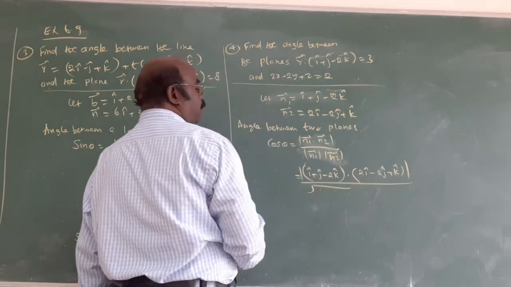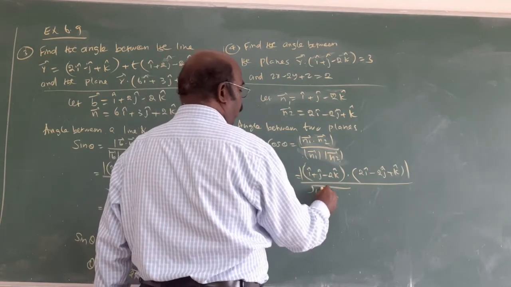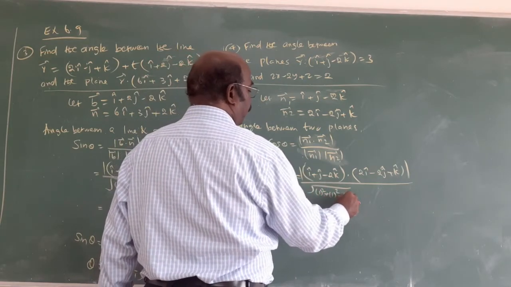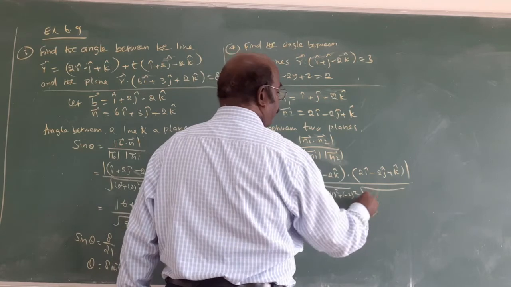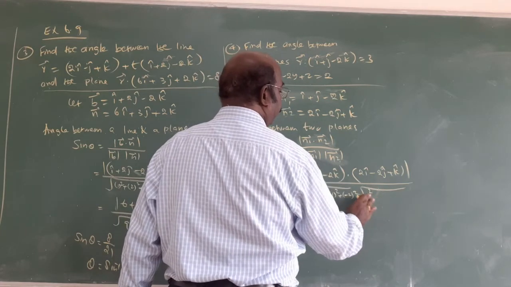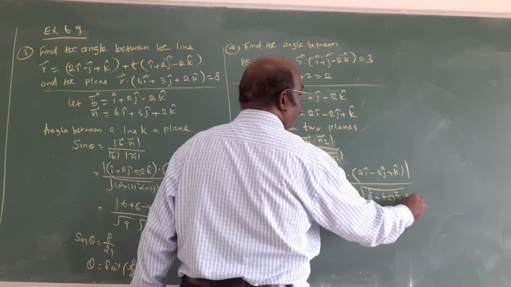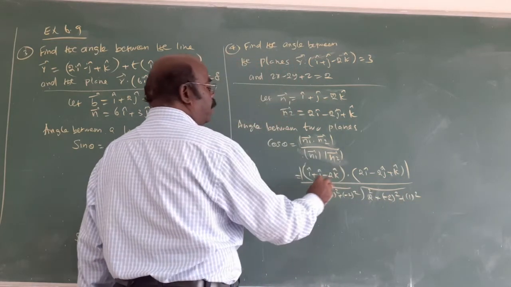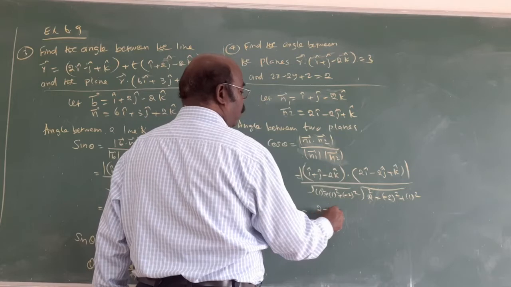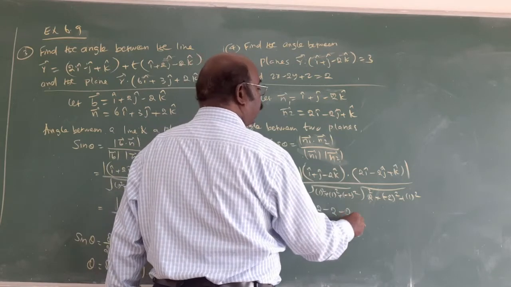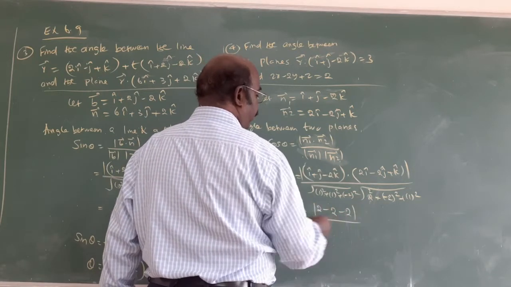Root of the first is what? 1 square plus minus 2 square, 2 square plus minus 2 whole square plus 1 square. Am I right? Dot means what? I will take 2 plus 2.